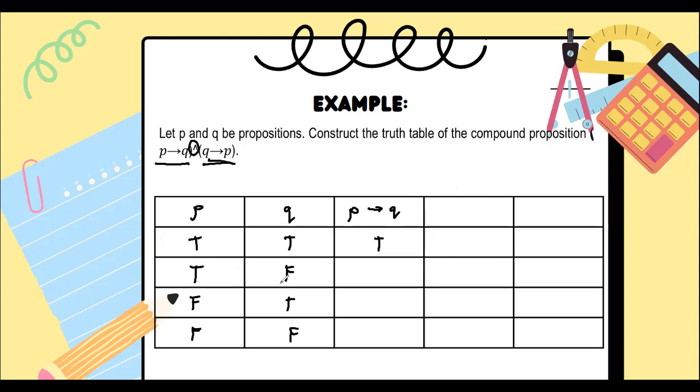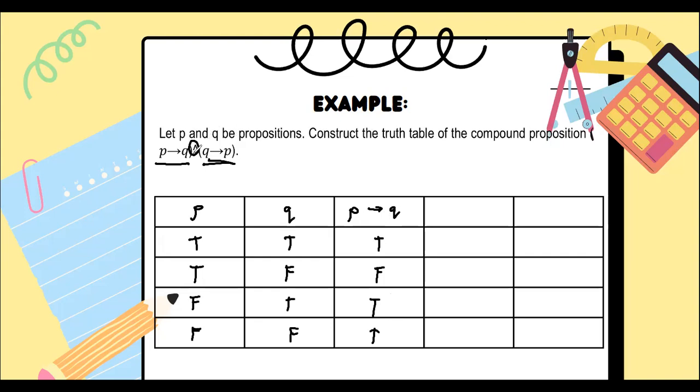If true, then false, this is false: your hypothesis is true, but your conclusion is false. So that will be false. Next, false hypothesis, true conclusion. That is true. False hypothesis, false conclusion. That is also true. Okay, we are now done with our first group.